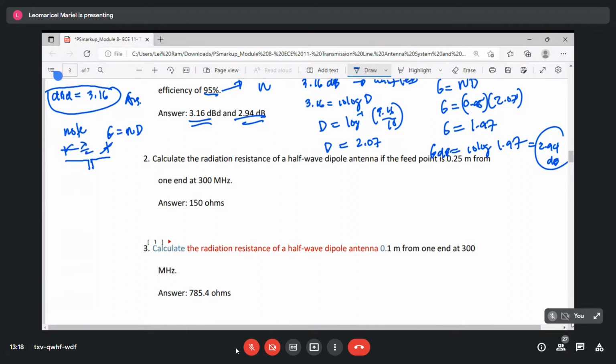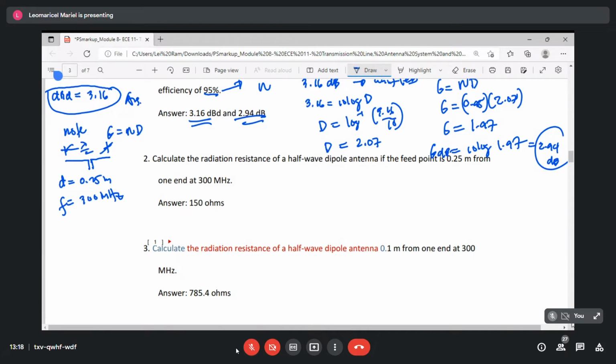The feed point is where we place the antenna. The distance from the feed point is 0.25 meter, and the frequency is given as 300 megahertz. So, calculate the radiation resistance.